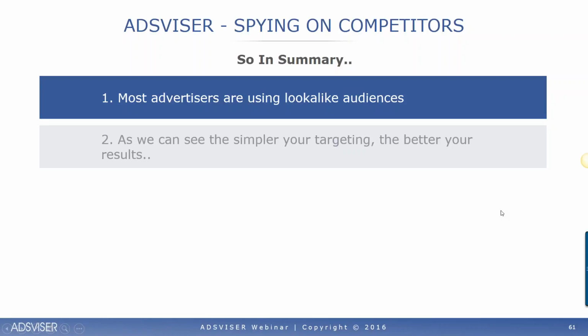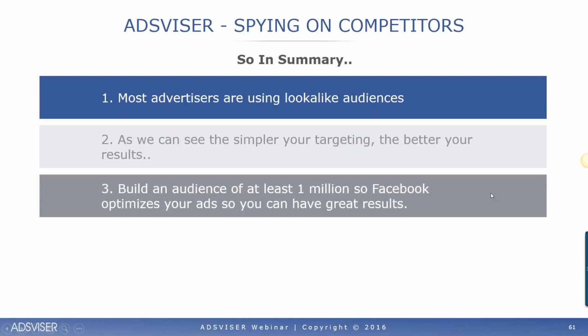So basically what you're doing is searching for things that are very similar. Also, we want to try and build a slightly broader audience to start with and then narrow down, okay? So we build an audience of at least 1 million, so Facebook can then start to optimize your ads so you've got great results.